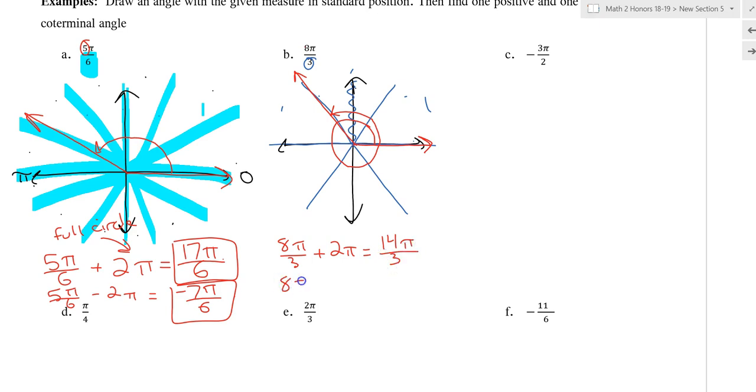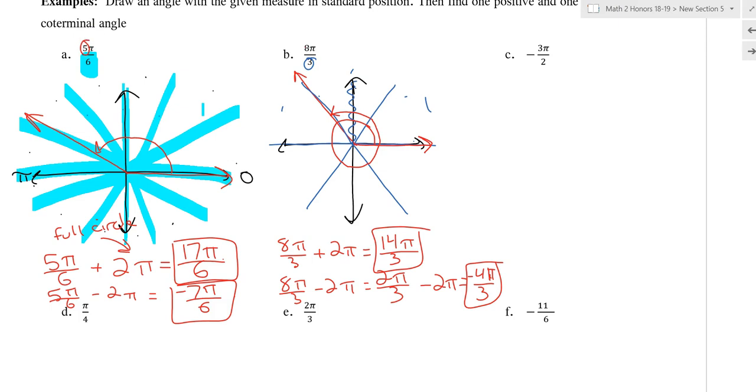To the negative, well, if I do that, I get 2 pi over 3. This number is not negative. I have to subtract again. And then I get negative 4 pi over 3. Okay, so again, that's part of making sure your answer really is positive or really is negative.